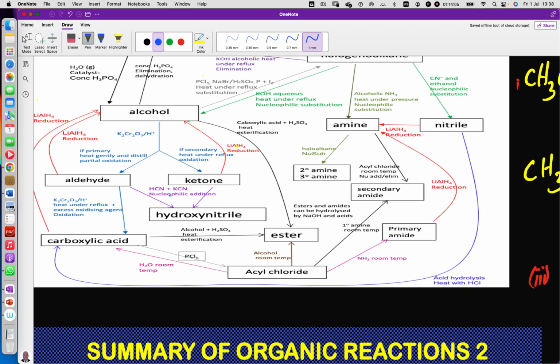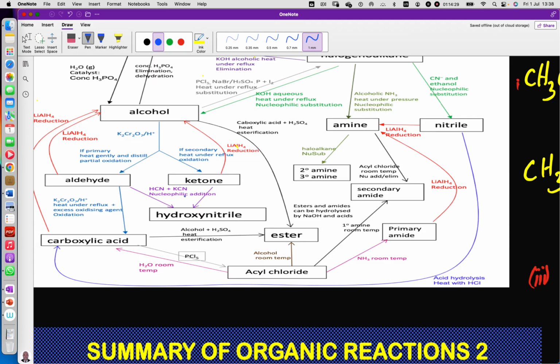Remember that potassium cyanide is very, very toxic. So potassium cyanide is reacted with sulfuric acid to bring down the toxicity, producing what we call hydrogen cyanide. It is the hydrogen cyanide that dissociates in solution to produce the cyanide ion.